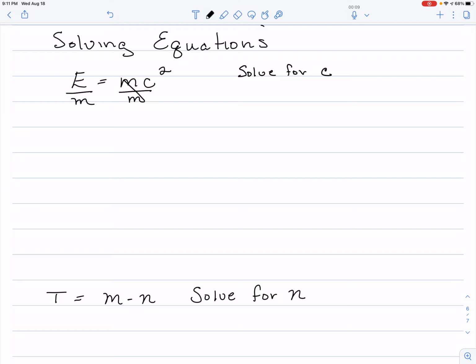Okay, that's going to allow us to cancel that m on that side, and we're going to have c squared equals E over m. But now you're asked to solve for c, not c squared. So to get rid of that squared, you're going to take the square root of both sides. And your final answer is going to be c equals the square root of E divided by m.